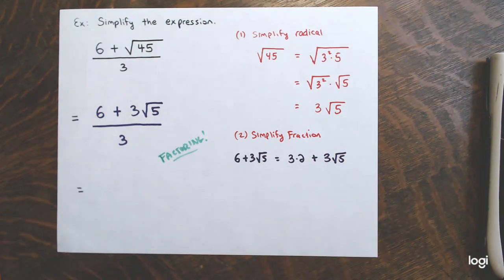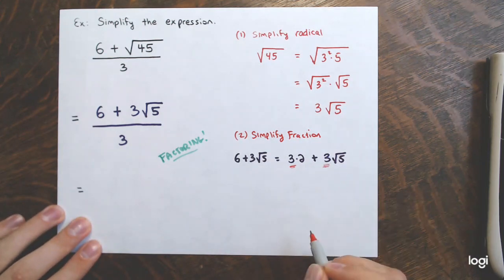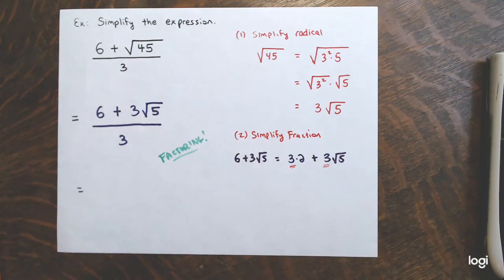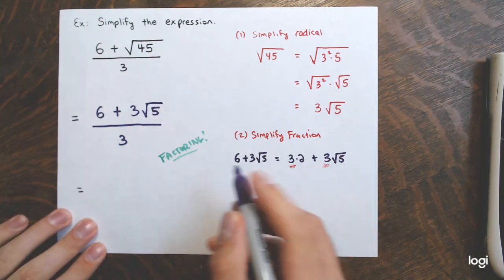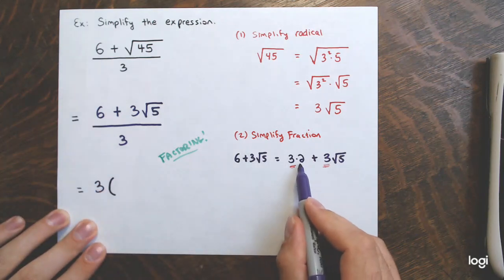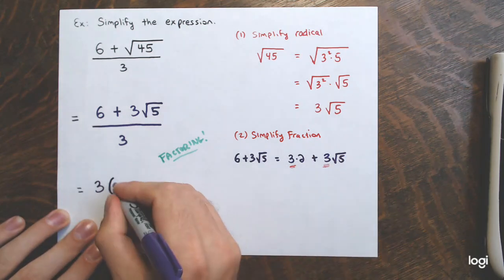And you see how they have this common factor of 3, right? So I'm reversing the distributive property, factoring out a 3. If I factor out a 3, you'd have 3 times the quantity. Then when you remove a factor of 3, what would be left over? The quantity 2 plus the square root of 5.